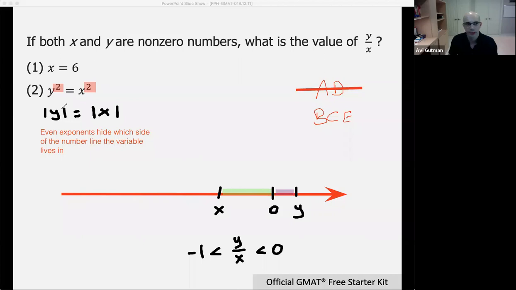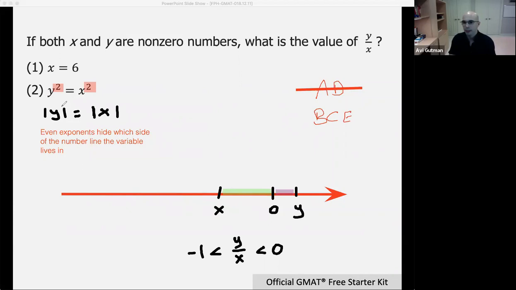What must it be? When two numbers are exactly the same distance from 0, again, we don't know which side of 0, but they are the same distance from 0. What does that tell you about the ratio? It says a lot.